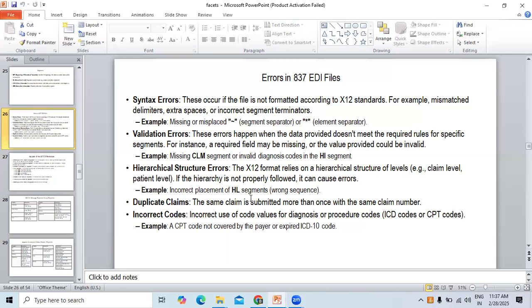Next, duplicate claims. Claims that are submitted more than once with the same claim number are called duplicate claims.